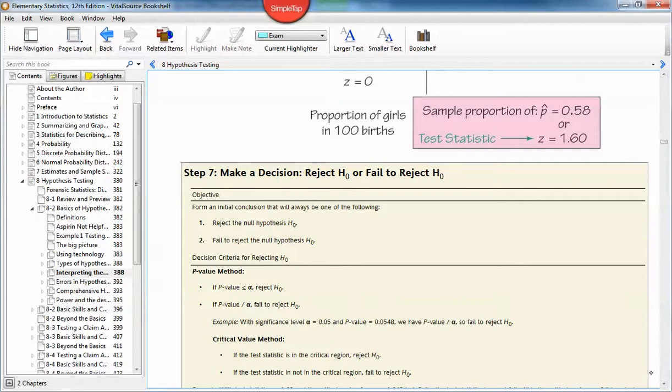See right here. If the p-value is less than or equal to alpha, we will reject the null hypothesis. If the p-value is greater than alpha, we fail to reject the null hypothesis.